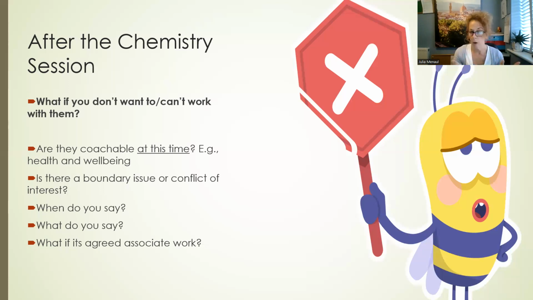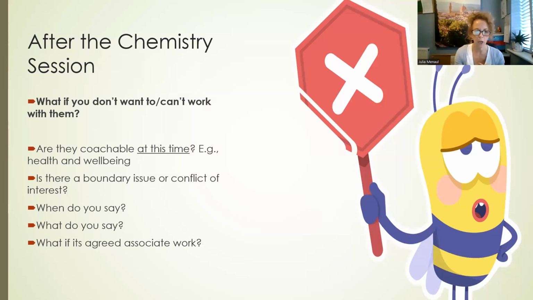There might just be a conflict of interest. You might find that actually it's a company you used to work for, or you've got a relative who works there, or a friend, or whatever, or you discover their manager. I had a scenario where I got right to the end of the chemistry session, and I forgot to ask, where did you find out about me?